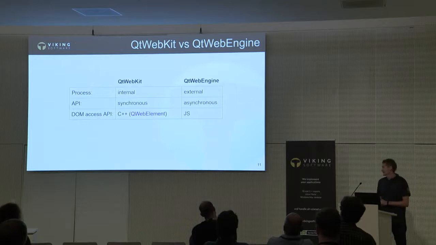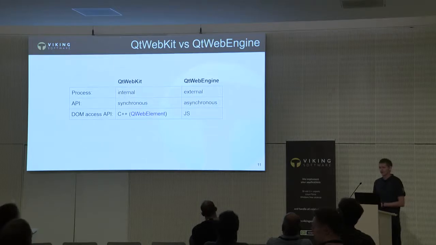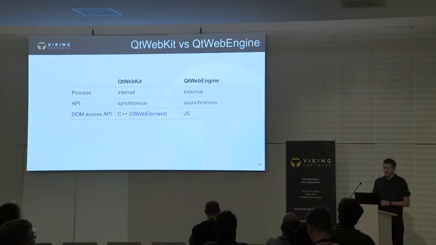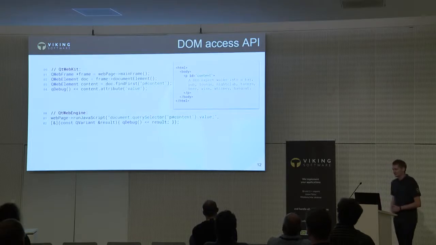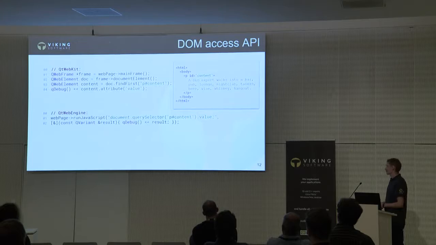QWebElement has ways to iterate through its siblings and children, and to get its parents. And Qt WebEngine only provides the ability of JavaScript. That's not the point to think whether it is good or bad. It's just the thing we do have.